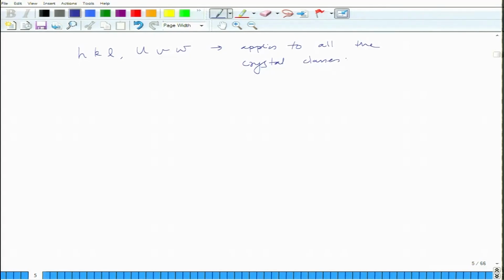In case of a hexagonal system, we can also evolve a new system. The hexagonal also follows this system, but because of the geometry of the hexagonal system, which is something like this, let me draw how well I can draw.